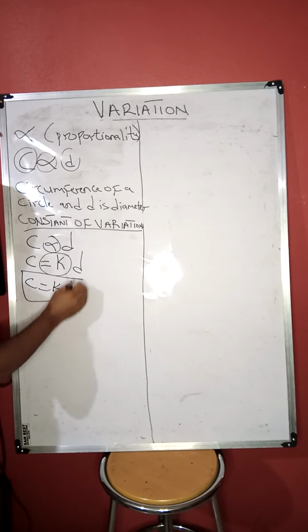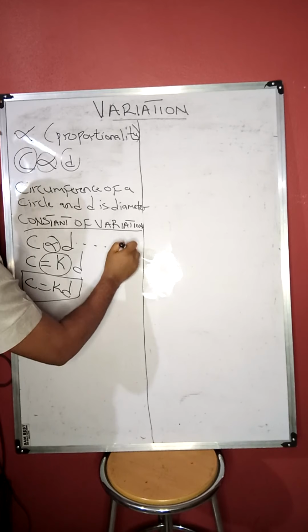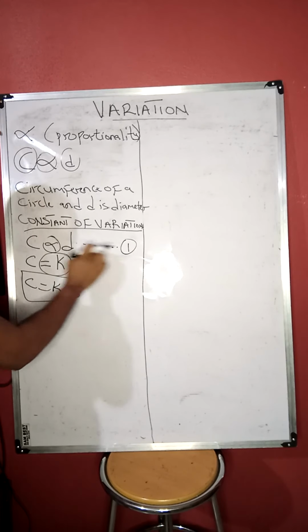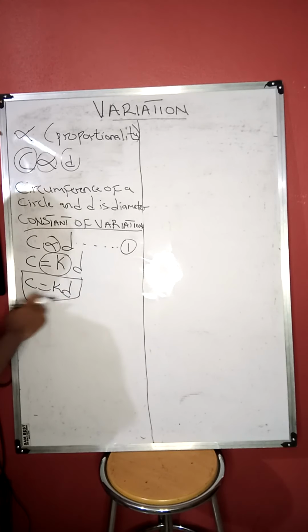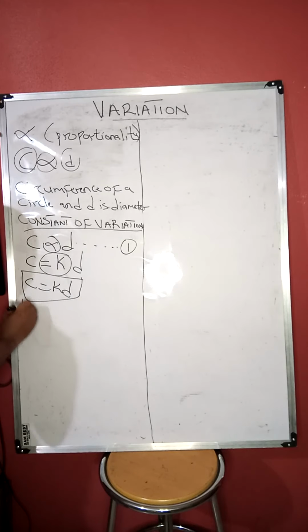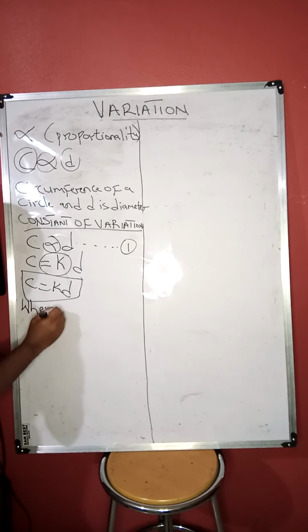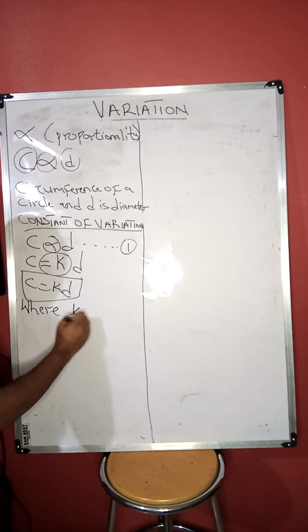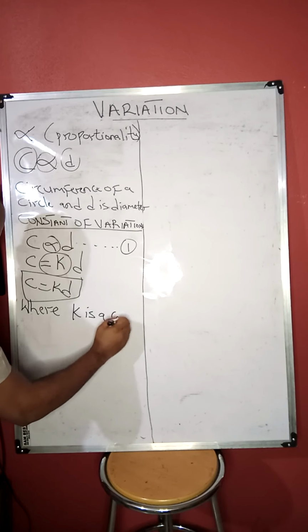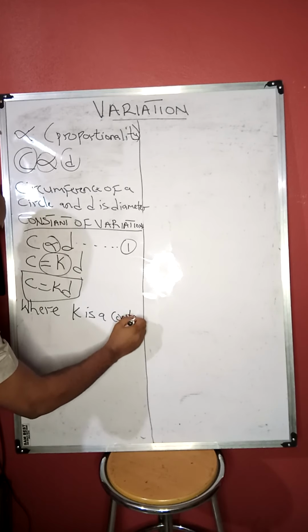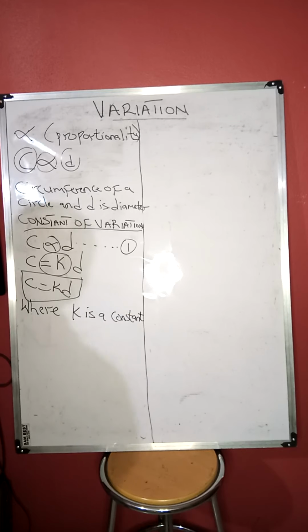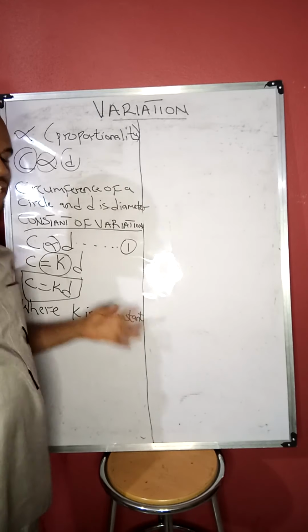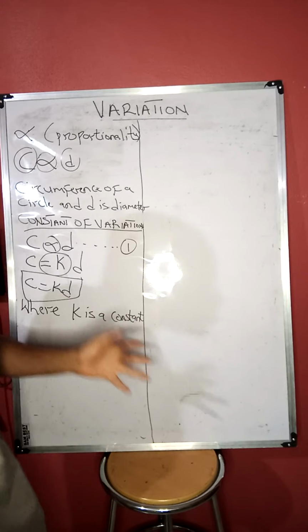This is the equation for this. Then you now write where K is a constant. I'm sure you get that. Where K is a constant, don't forget that you have to define your other variables also.